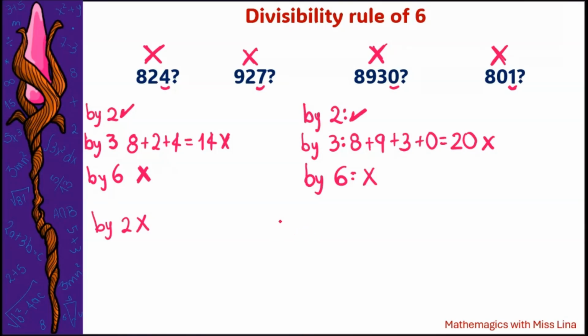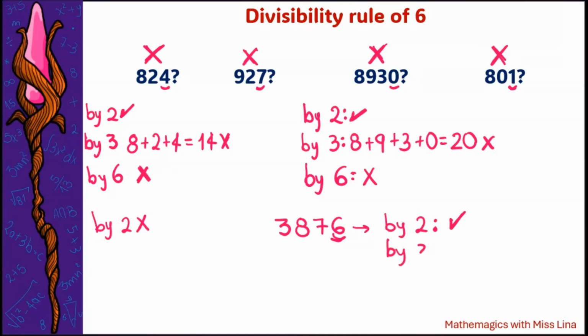So let's say 3,876. Let's check divisibility by 2. By 2, the last digit is even, so yes, it's divisible by 2.